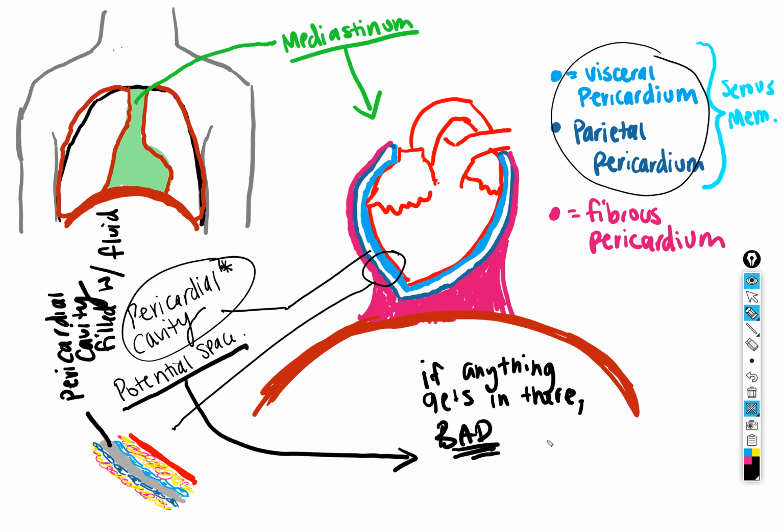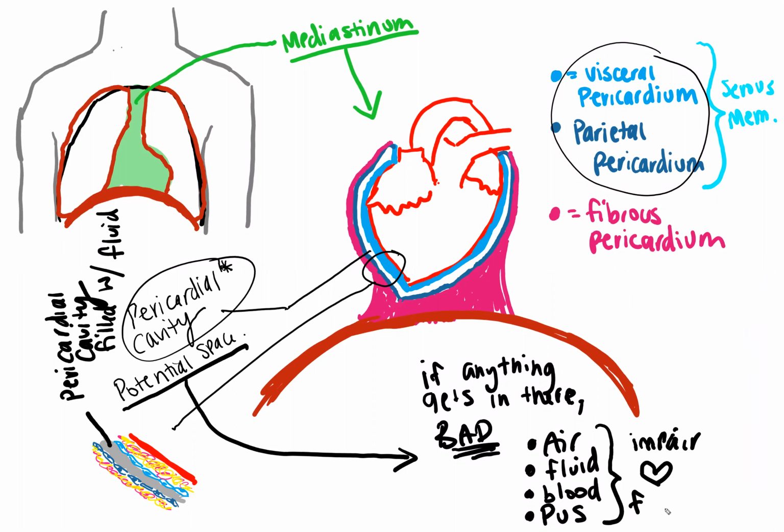So air, fluid, blood, and disgustingly, pus are all things that sometimes get in there in some people due to illness or injury. And these impair the ability of the heart to fill up with blood, which reduces its efficiency.